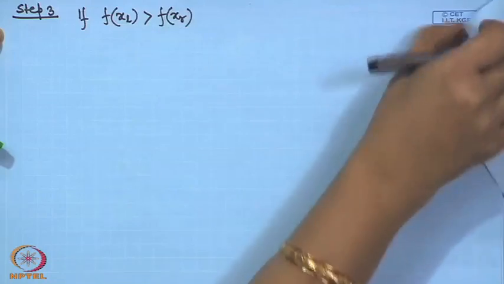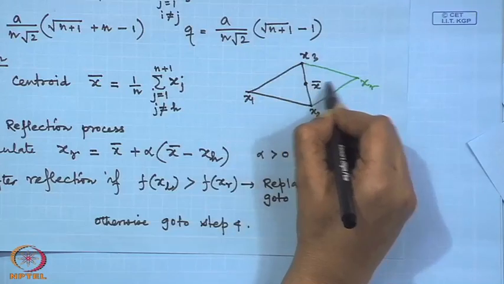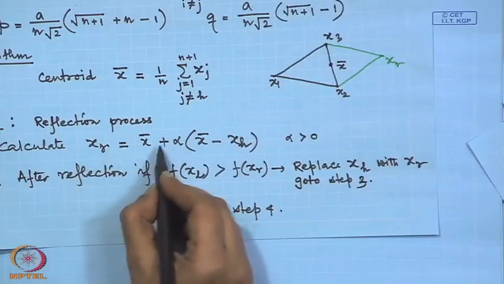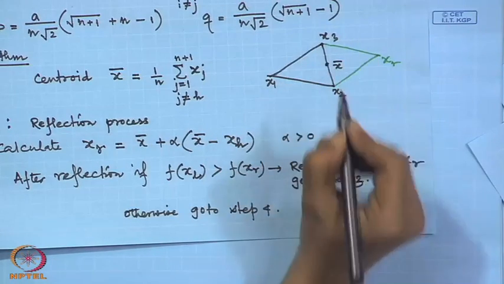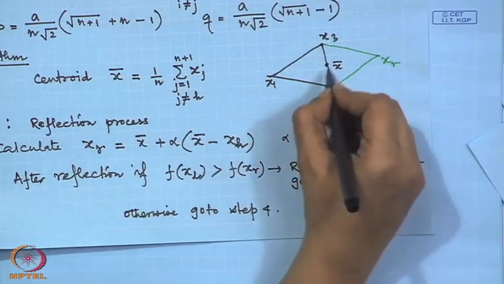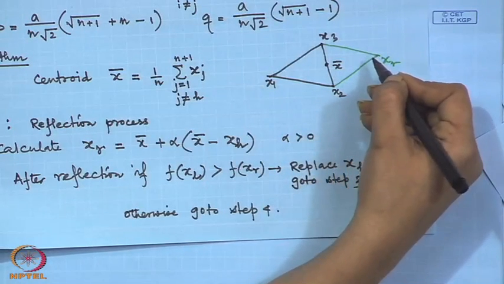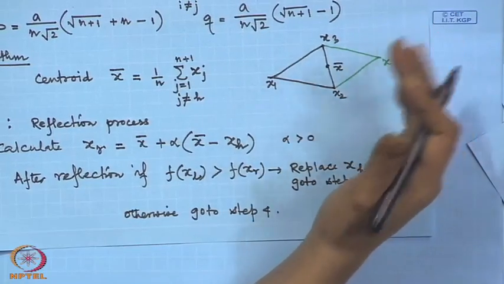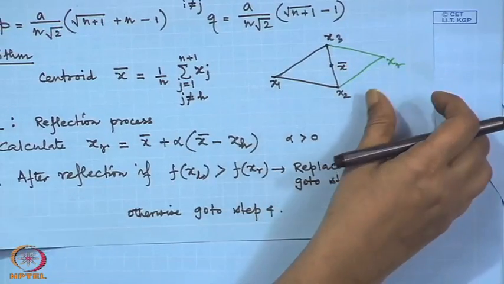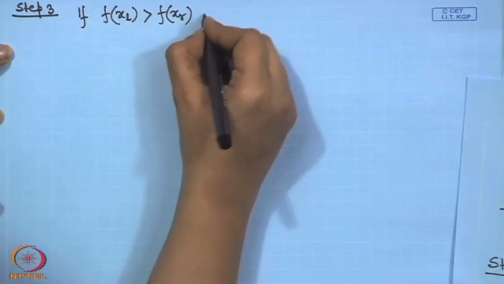If I move in this direction, as we have generated xr in the direction of x bar minus xh, and if I move further in this direction, there is a possibility for a better objective functional value. That means we will get a lesser minimum value of the objective function in this direction only. In the expansion process, we will do the same thing here. We will generate another point xe.